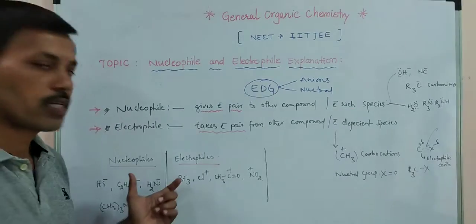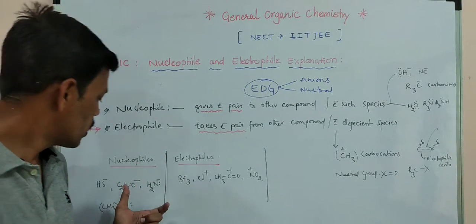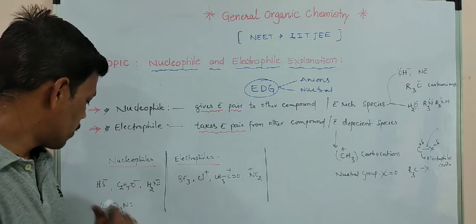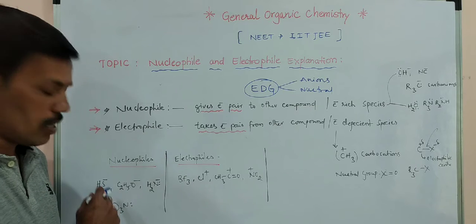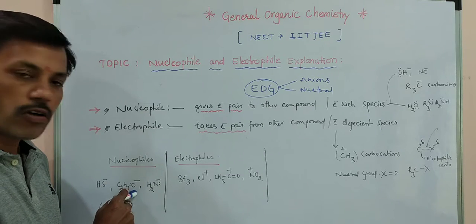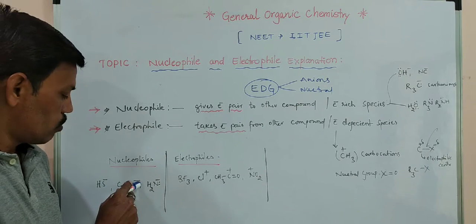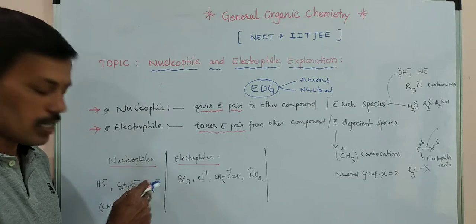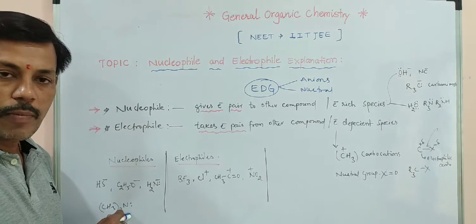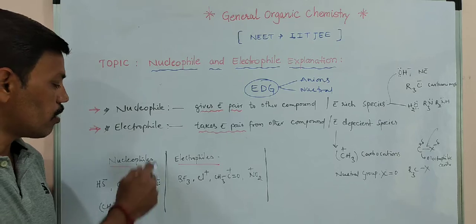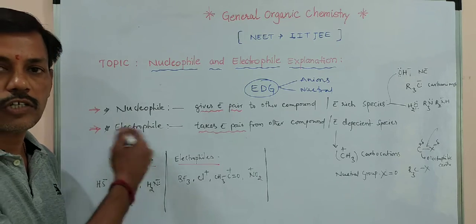So here we have some other examples also. See here, for nucleophiles: HS minus, ethoxy group, so ethoxy O minus and H2N minus, and the amine, tertiary amine. These are all nucleophiles, electron rich compounds.